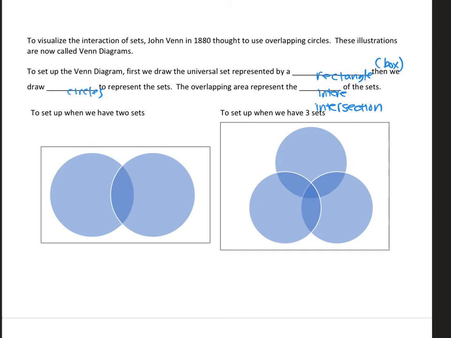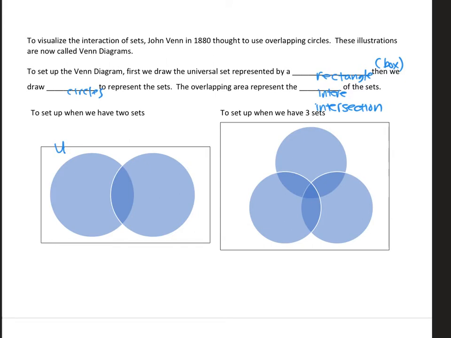So when you have 2 sets, notice there's a box, that's the universal set. A lot of times they don't even label the universal set, but if you have to label it, it's U for universal set. I know it's confusing because there's a union and there's a universal set.